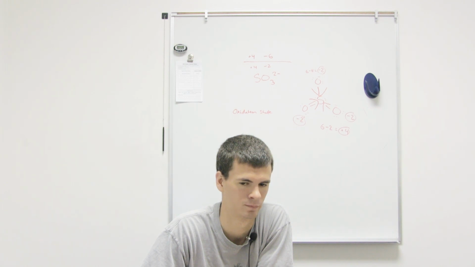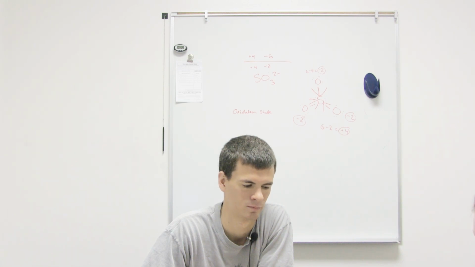Zinc SO4. It'll be -8 again. And zinc we're going to do last, right? Because it's a transition metal. So we have -8. Sulfur is going to be -2? No, sulfur changes a lot.